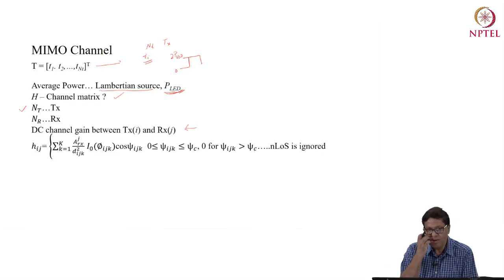And also I will assume that I'm not having contribution from non-line of sight. I mean, this is a valid assumption to make, because if you see, there is a strong component which is coming from line of sight. So as compared to non-line of sight, it is much higher and can be neglected.